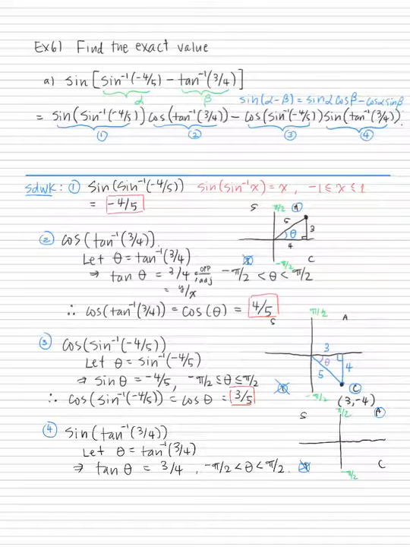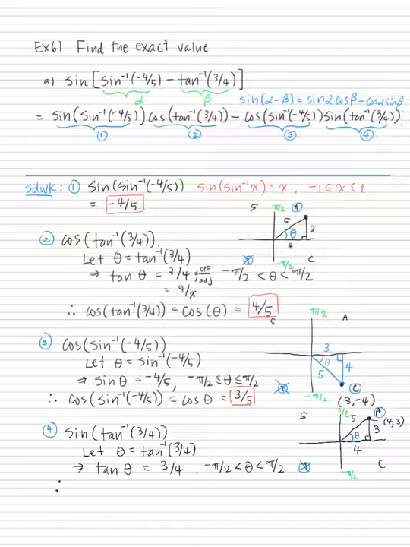So tangent is opposite over adjacent. So let me just draw a triangle. So this is our angle theta. So the lengths here are 3 and 4. That means what? This side better be 5. So those of you who like to use x, y, and r, this point is what? X is 4 and y is 3. Okay, keep that in mind and let's go.